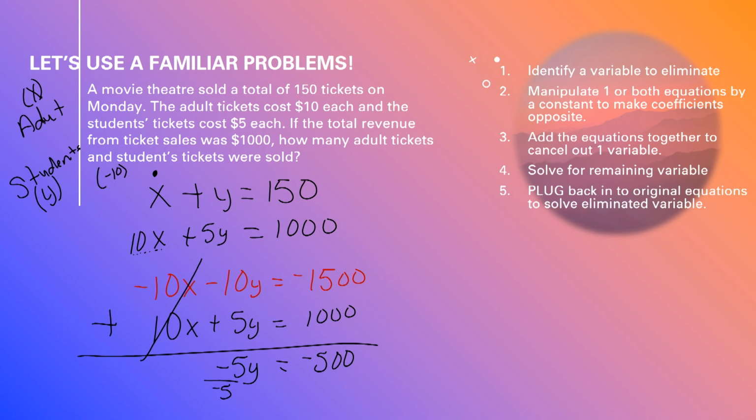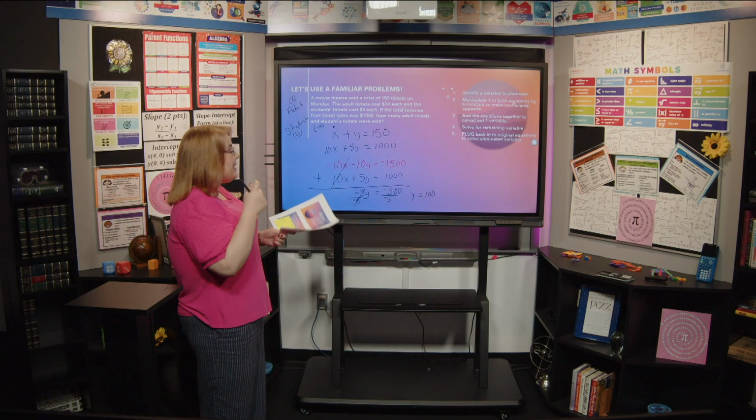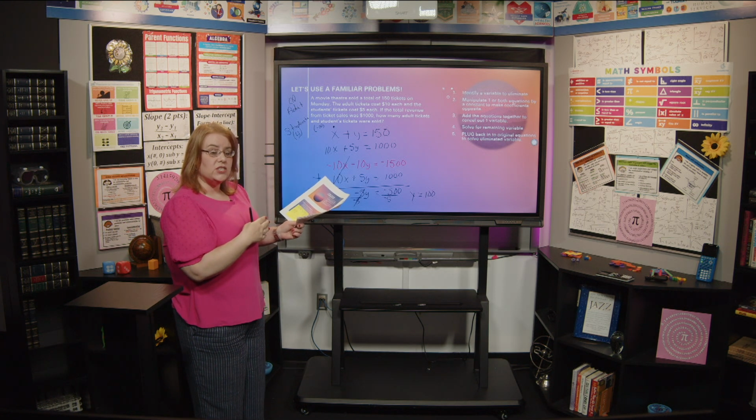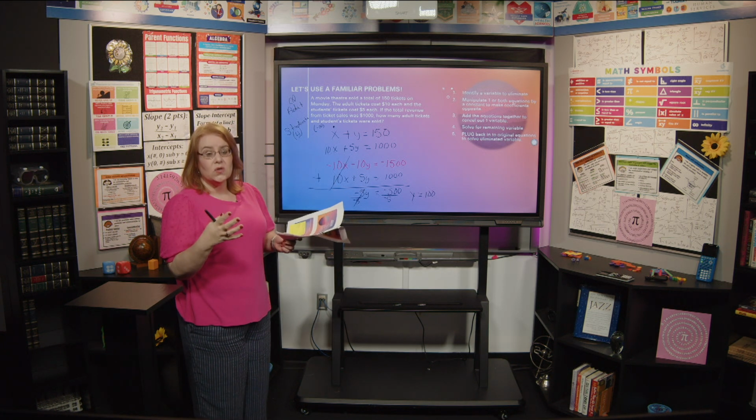Still trying to get that exact amount for y. So my y is going to equal 100. So now that I know what my y equals, I know exactly how many student tickets we sold. So I'm going to take that information, plug it up to one of my original equations, and solve for how many adult tickets I sold.